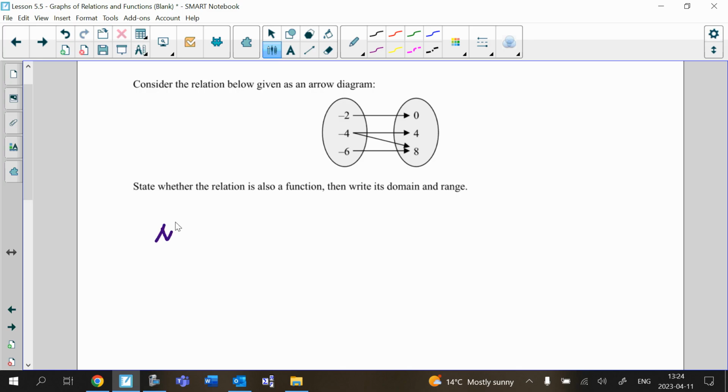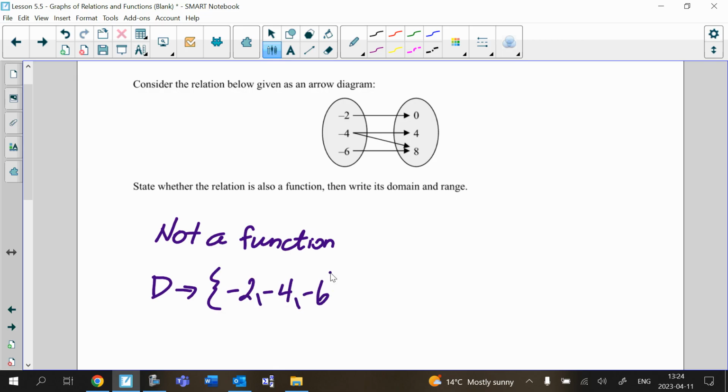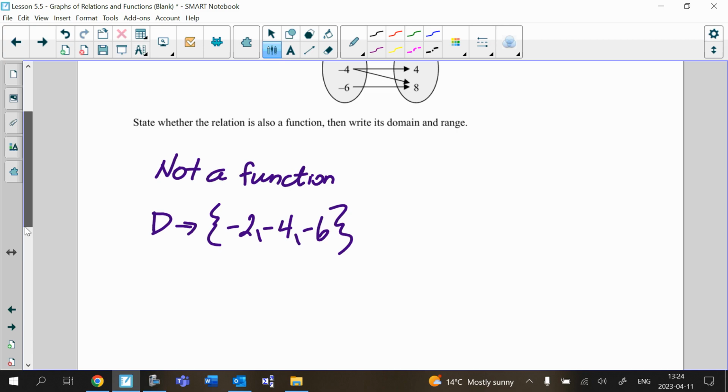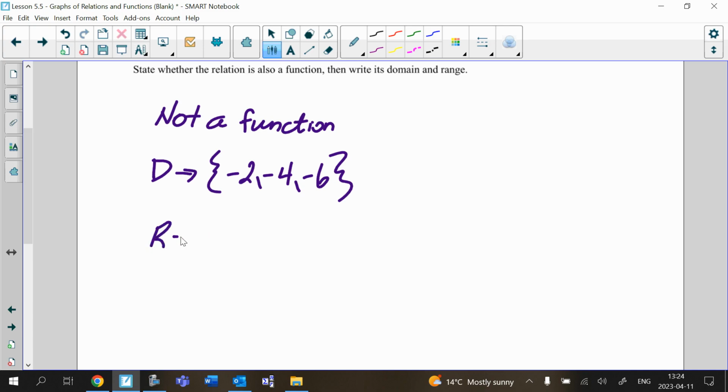What's the domain? -2, -4, -6. Yep. And what's the range? 0, 4, 8. Okay. Good. Again, review.